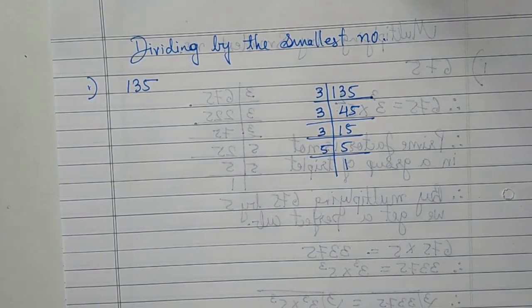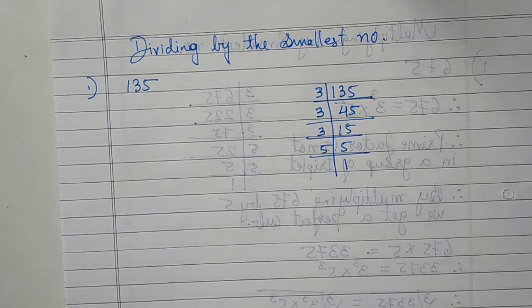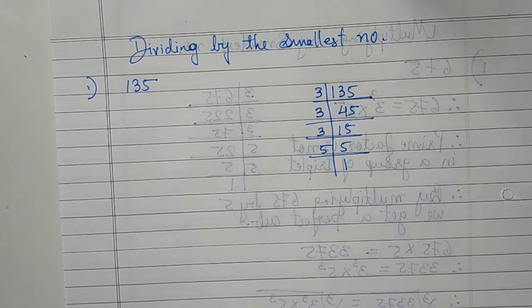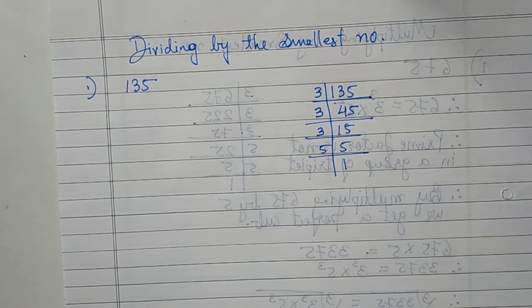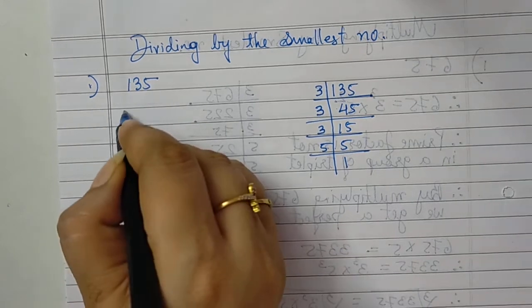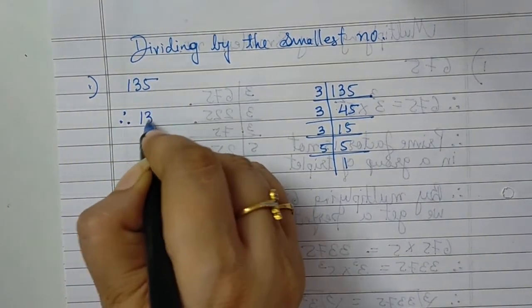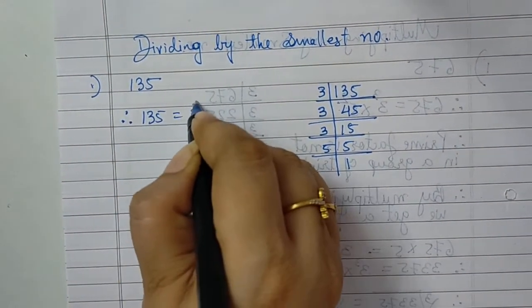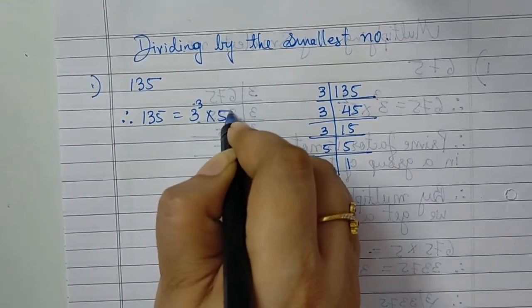Here you can see that 3 is in a group of triplet, but 5 is alone. So if we divide 135 by 5, we get a perfect cube number. Therefore we have to write 135 is equal to 3 cube into 5.